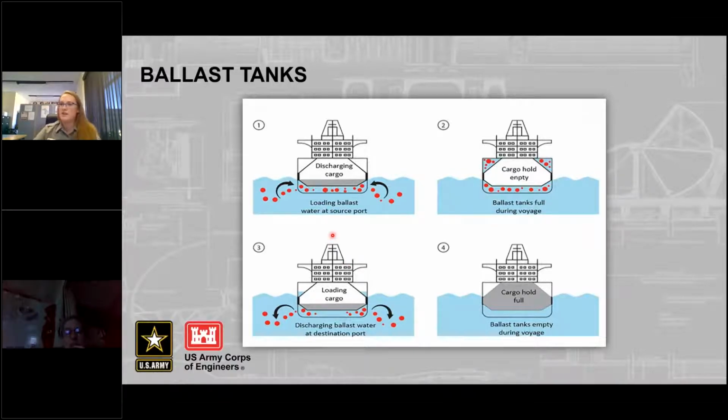When we get to the next destination and we start loading cargo again, the ship will start to discharge the ballast water to get rid of that weight to make room for the weight of the cargo. And we can see in the fourth part of this graphic, when the cargo hold is full, the vessel will have absolute minimal ballast water with it.